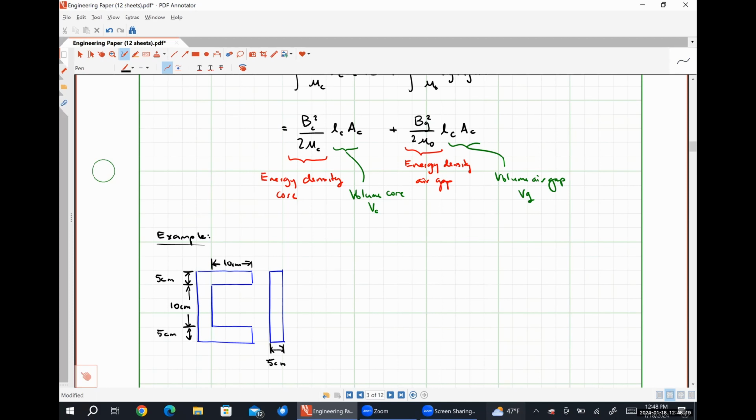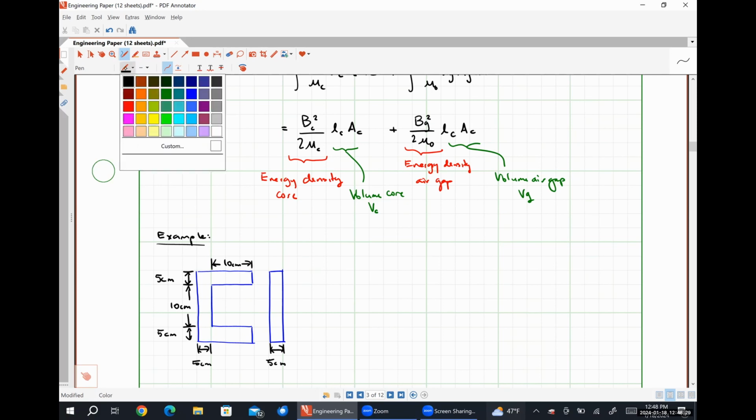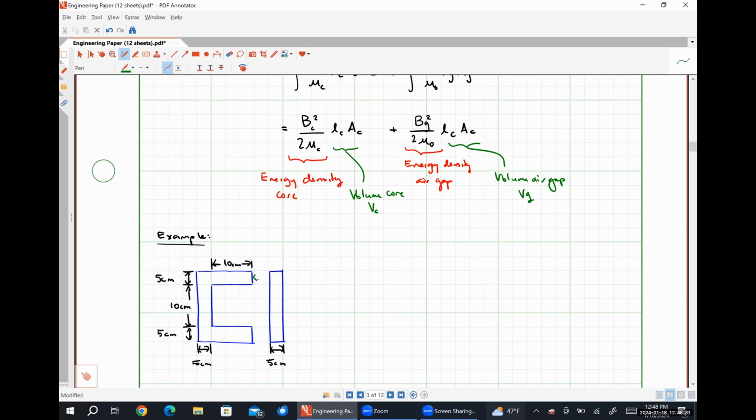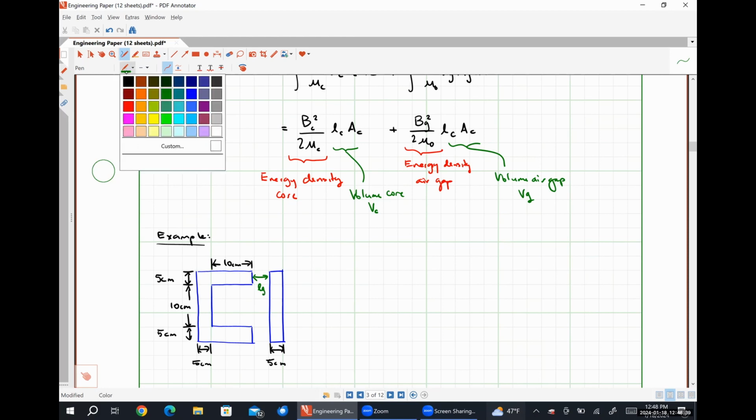This is 5 centimeters like so. And this guy right here is also 5 centimeters. And then the distance from here to here is my gap length. And I'll just write this out.